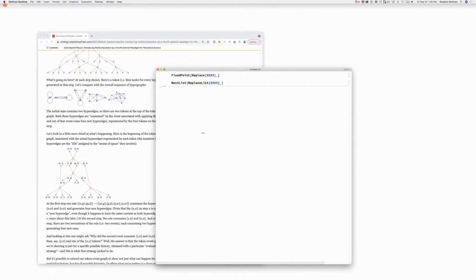But I think a fairly general thing is to imagine that we have a list of expressions, let's say f[A], g[B], f[C], g[D], g[C], whatever else.